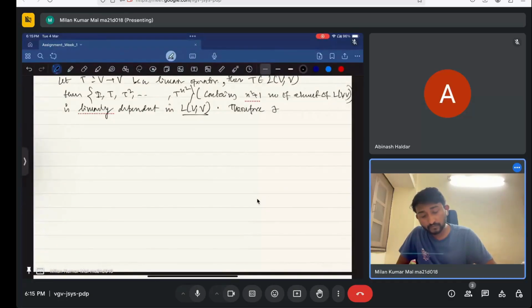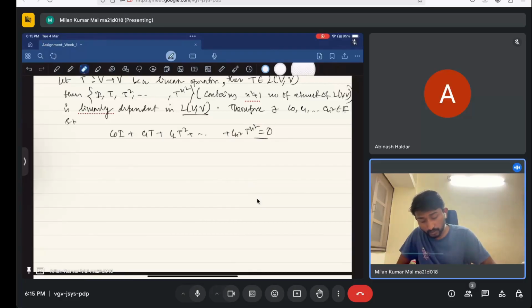That is, therefore there exist constants c0, c1, all the way to c n square in the field F, not all of them 0, such that c0 identity plus c1 T plus c2 T square, all the way to c n square T to the power n square, is equal to 0.